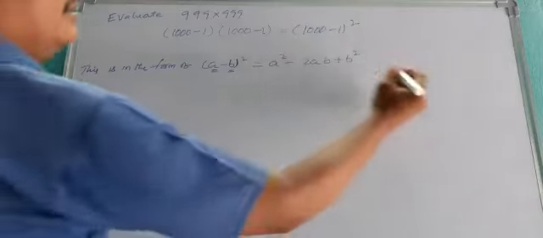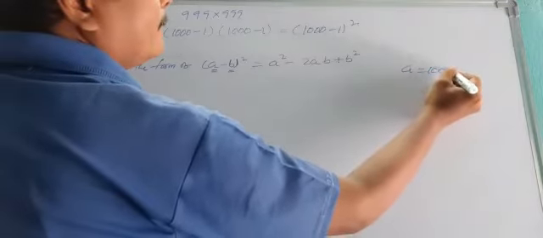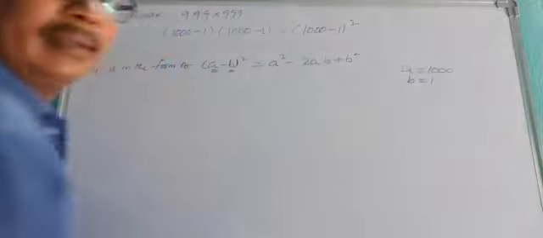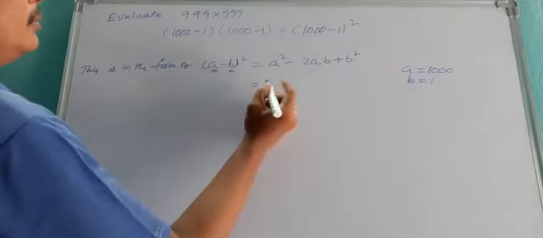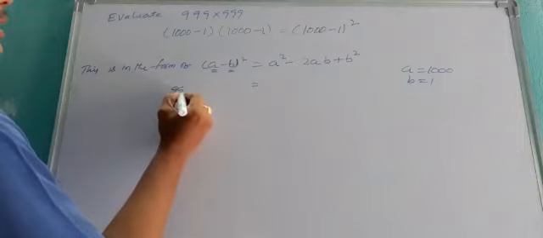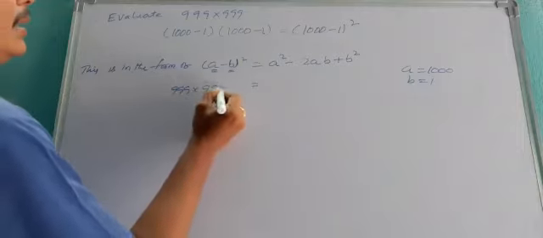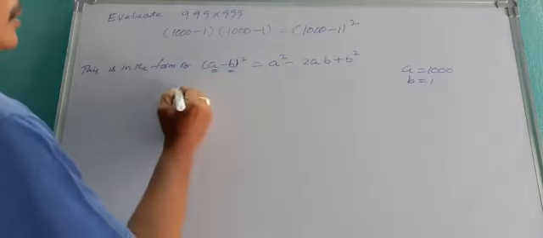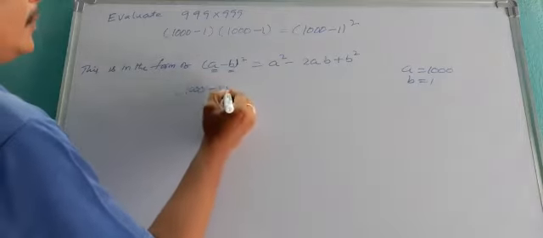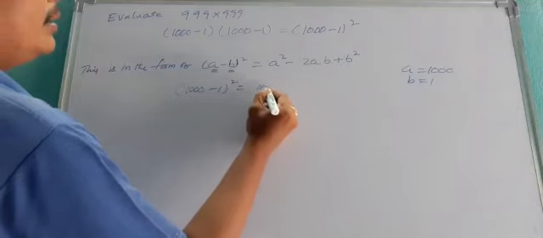Here a equals 1000 and b equals 1. Substitute it. So 999 into 999 equals (1000 minus 1) whole square, equals a square.